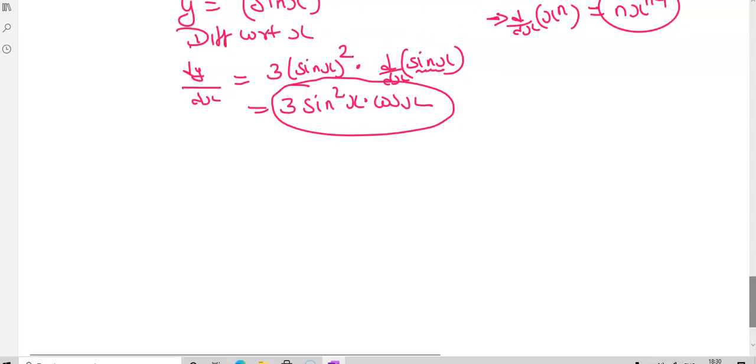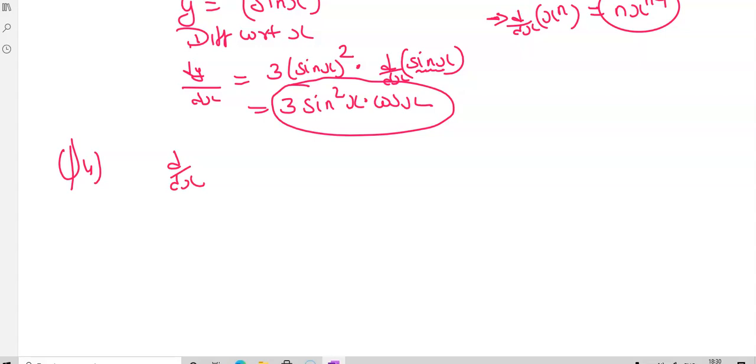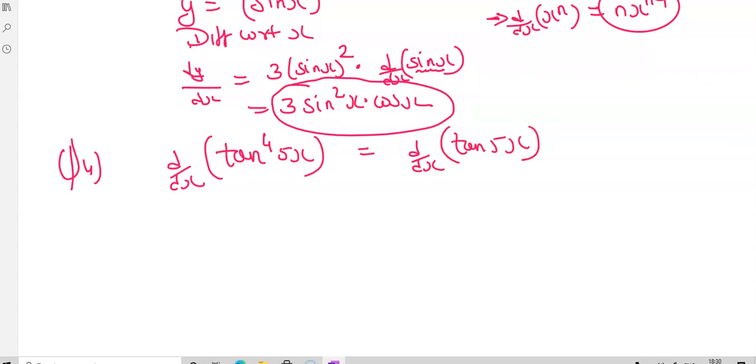So moving on further, I take tan to the power 4 of 5x. The angle is 5x, but the whole trigonometric ratio has a power 4. So what I am going to do, first of all, I have to see its nature.